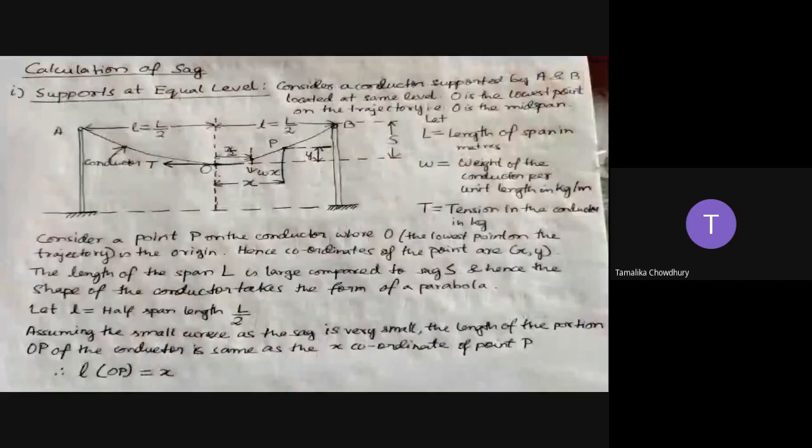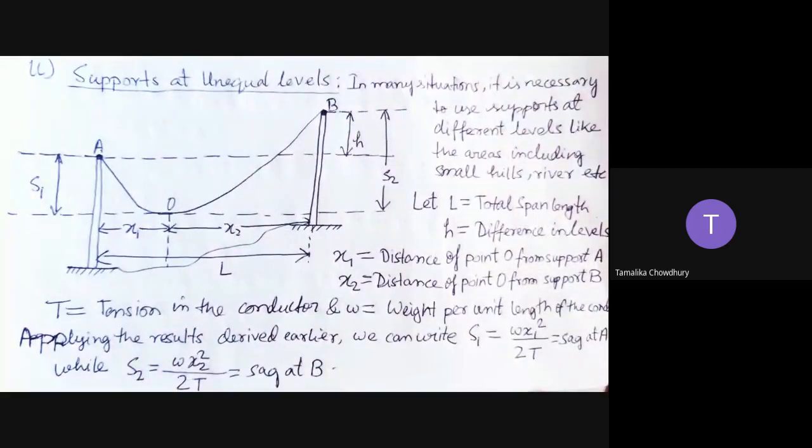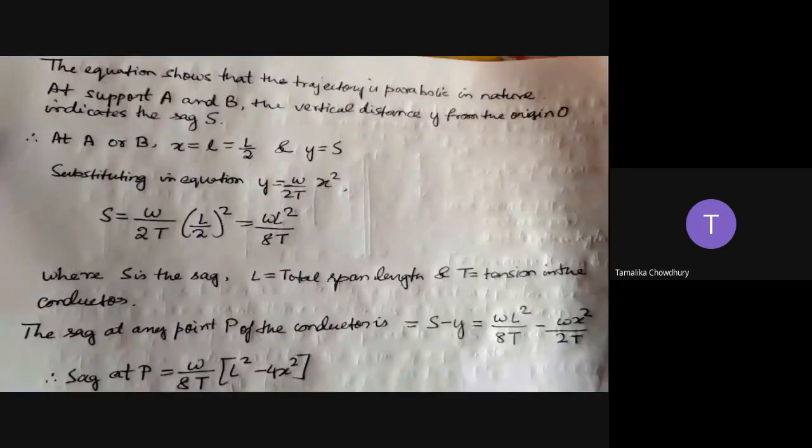As per the sag calculation earlier, we are just writing down the same thing. Means here the formula was what? Just see, S equals W L square by 8T, right? Using this formula only, I am putting it here. The 8T becomes 2T because it is not L by 2.